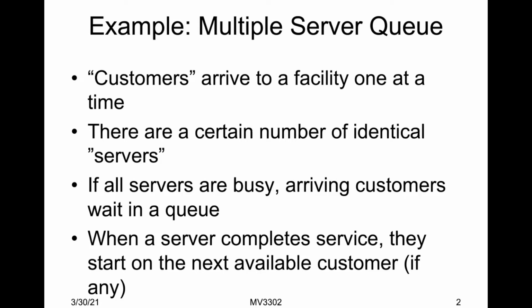And the idea is that if all the servers are busy, then the arriving customers wait in a queue. When the server completes service, then that server starts on the next available customer if there are any. The idea here is that when a server is serving a customer, then they can't serve any other customer. The server can only serve one customer at a time.